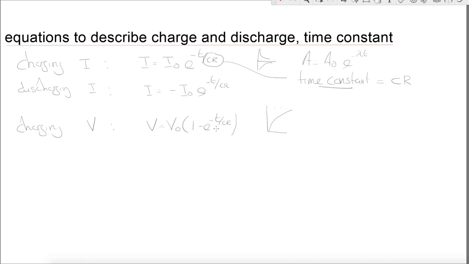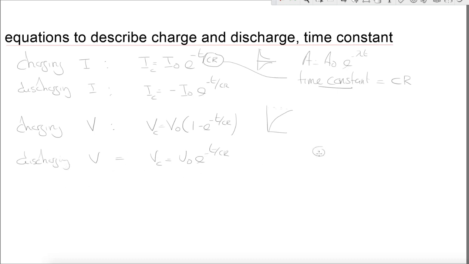So a similar format, but this 1 minus term in there gives us this graph. And discharging potential difference, well, that's nice and straightforward, like these, V naught e to the minus t over CR. We're always talking about the PD or the current for the capacitor, although the current for the resistor will be the same, of course, because they're in series.